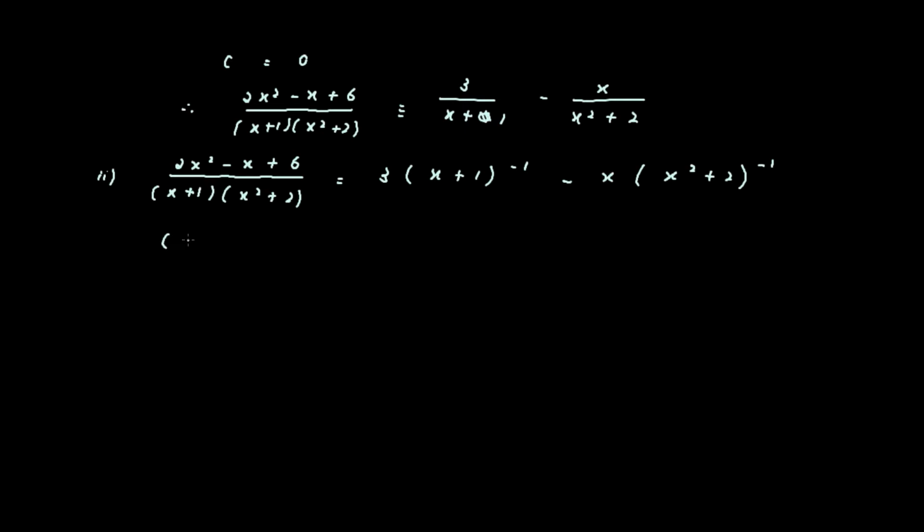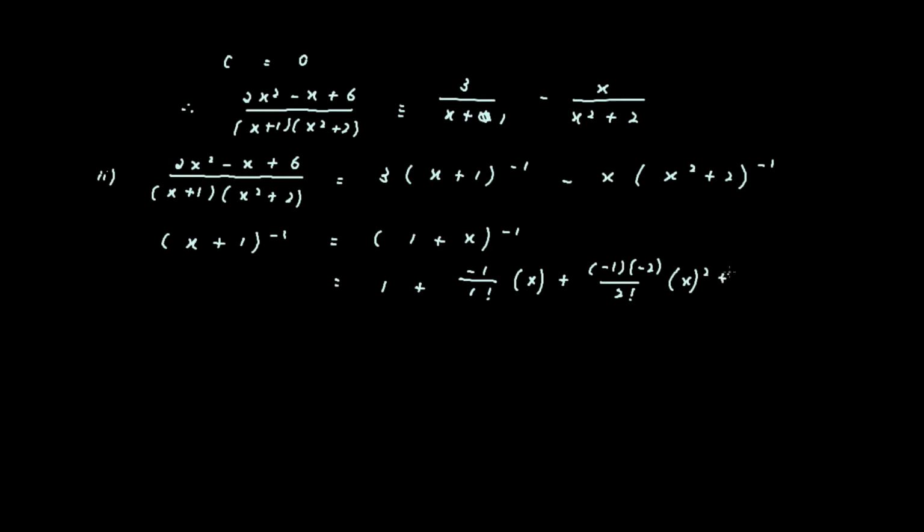So now same thing, let's take it out. So (x plus 1) to the power negative 1. So you remember the formula, so the formula will only allow you to do 1 plus x. So that's why let's try to exchange their place. Okay, so you have this already, then now you should be able to continue. So 1 plus (-1)/1 factorial times x plus (-1)(-2)/2 factorial x squared plus (-1)(-2)(-3)/3 factorial x cubed, then continue.